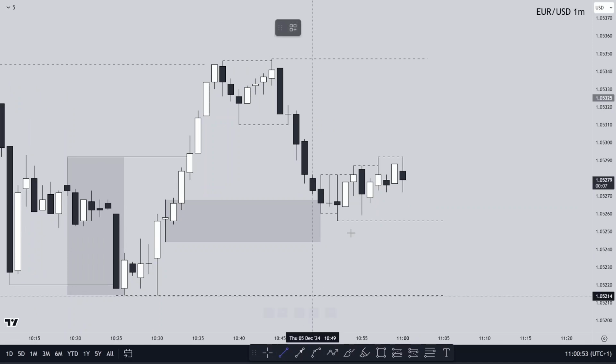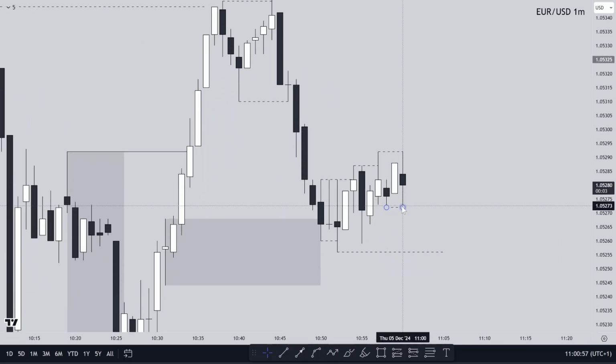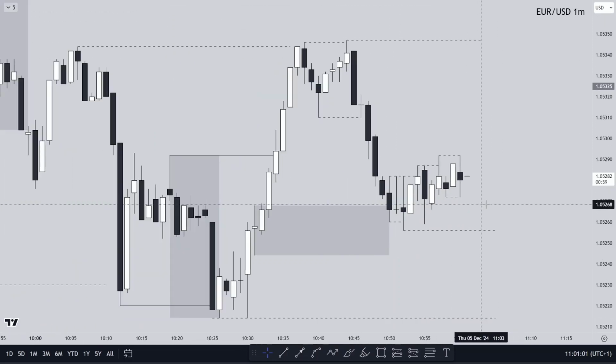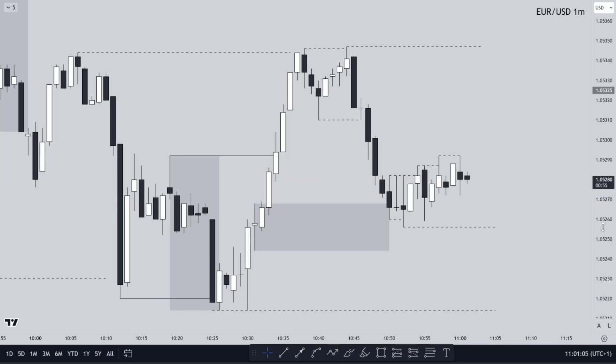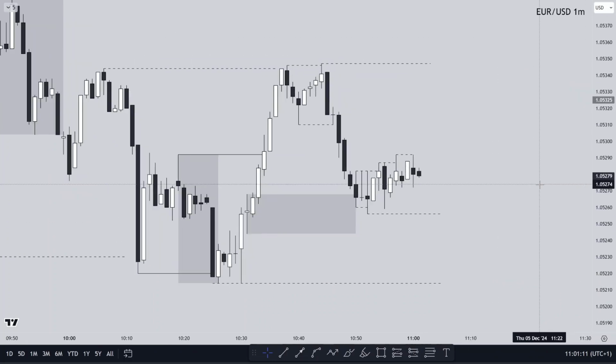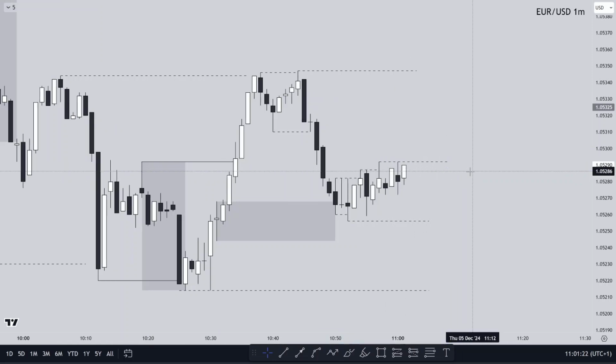Yes, now price took this minimum, but I mean, it's so weak. I hope to see the price here before it goes up. So again, liquidity here.